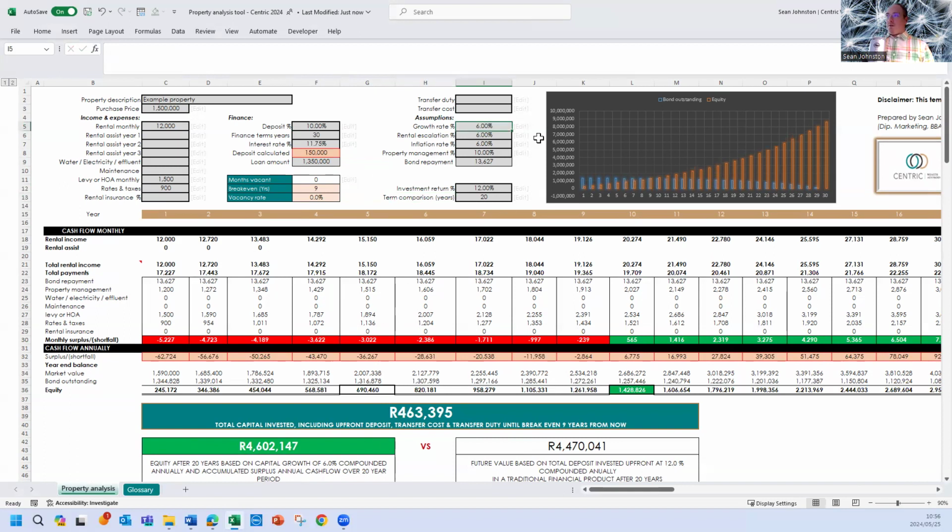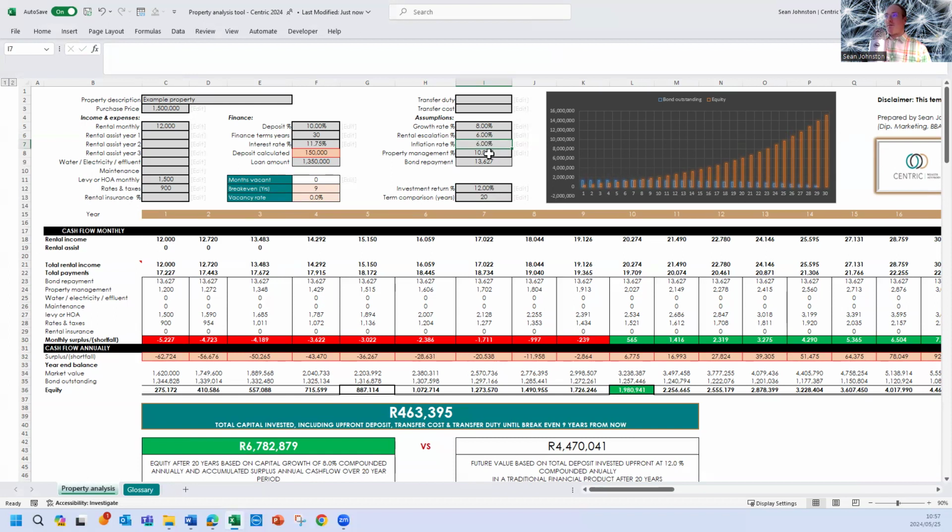We're working on a growth rate of 6%. I'll make it 8%. Let's say it's in the Western Cape, rental escalations of 6%. In reality, escalating rentals by 6% is challenging in certain areas, because you're expecting your tenant to be able to afford a 6% escalation yearly relative to their salaries and their own personal expenses increasing.